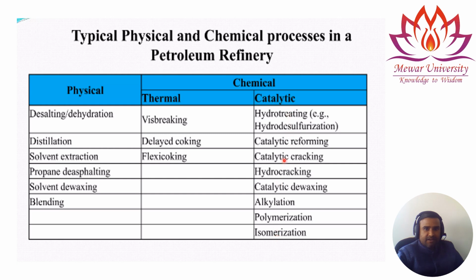Then we have catalytic methods. Here we have hydrotreating. For example, we have the hydrodesulfurization unit, then catalytic reforming, catalytic cracking, hydrocracking, catalytic dewaxing, alkylation, polymerization, isomerization. All these catalytic reactions take place in the presence of a catalyst.